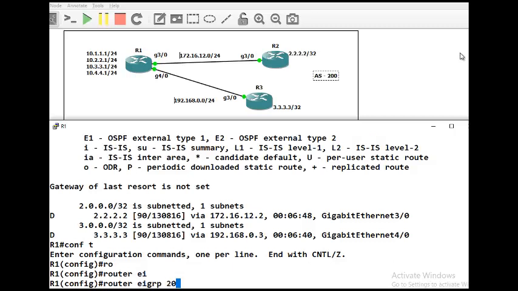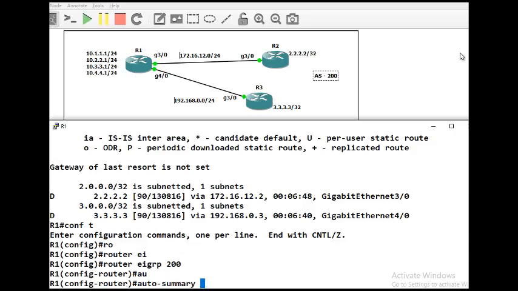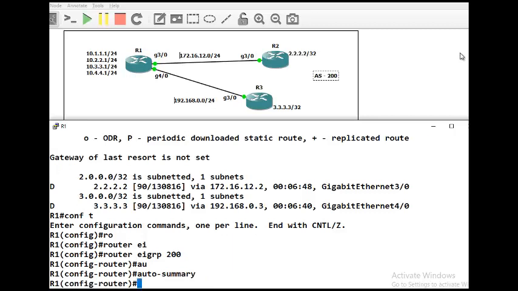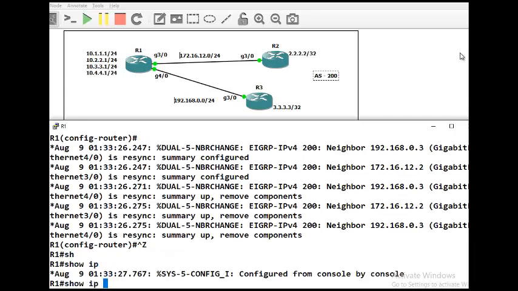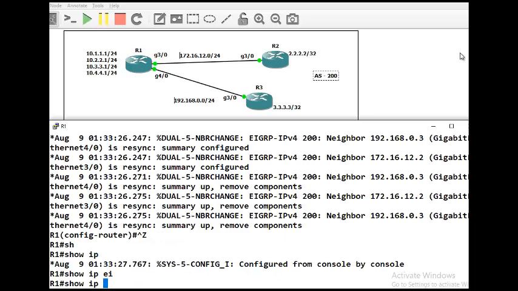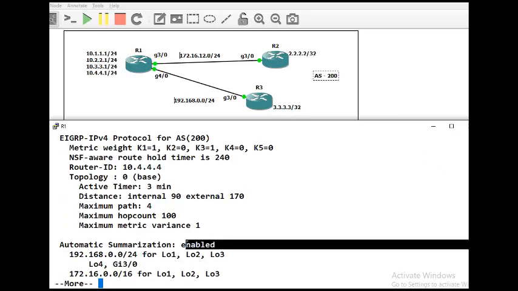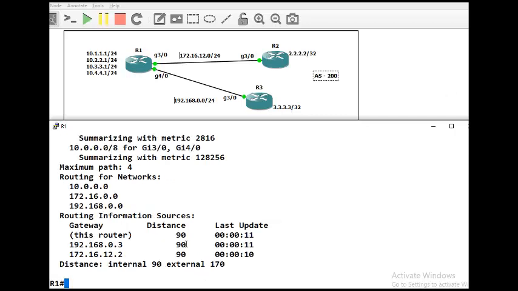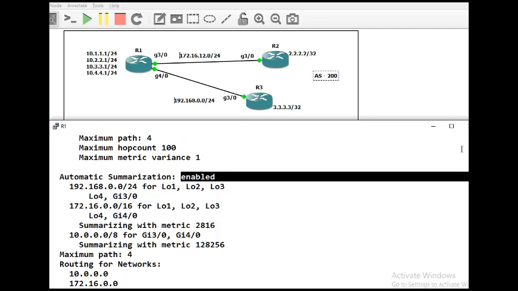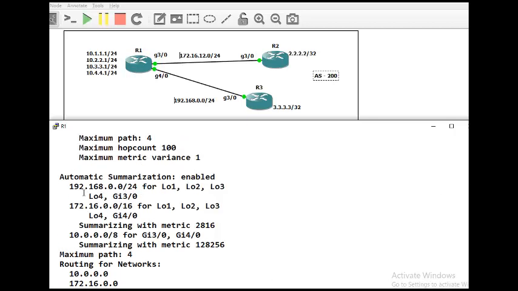EIGRP 200 auto-summary. You see, show IP protocols. You can see that summarization is enabled by me now. And it clearly shows you the information right here. It says, hey, I'm summarizing this network before sending it to G3/0.